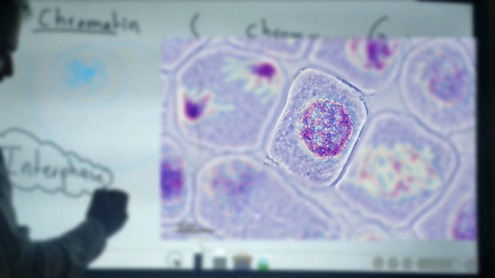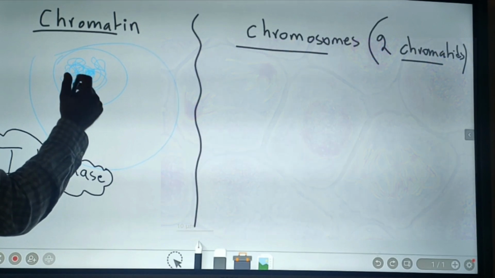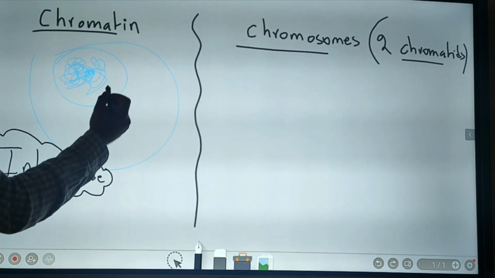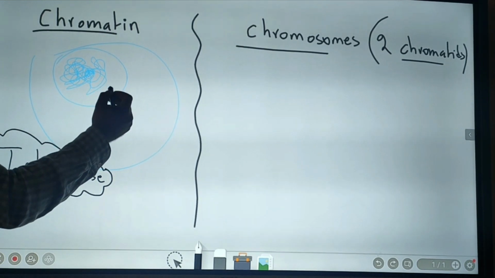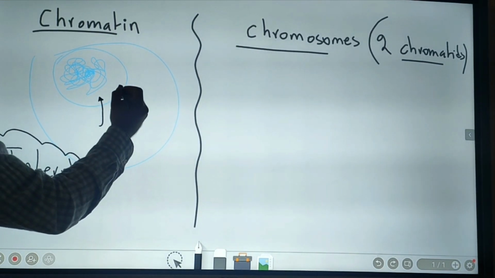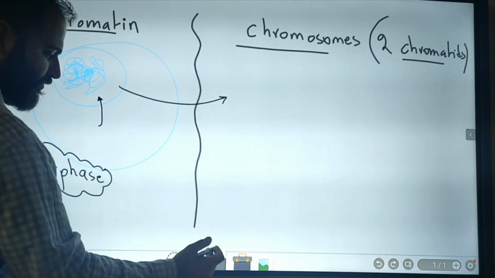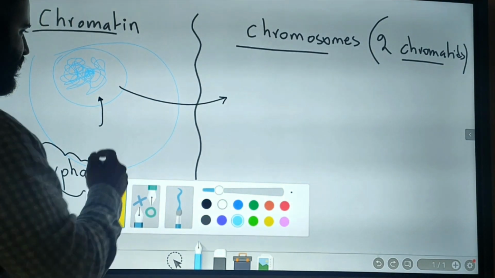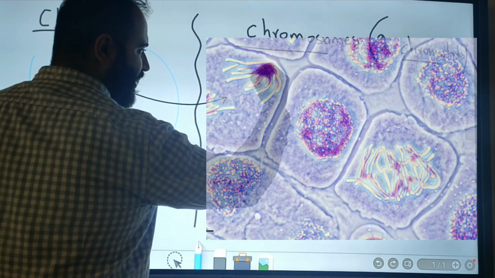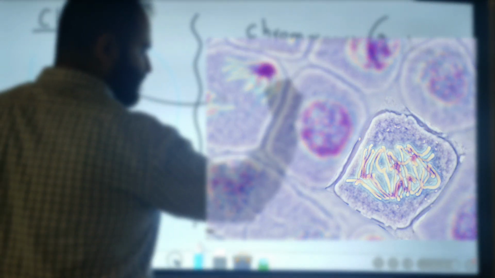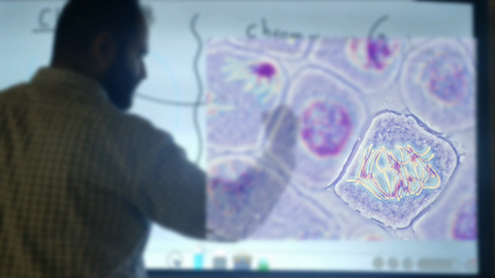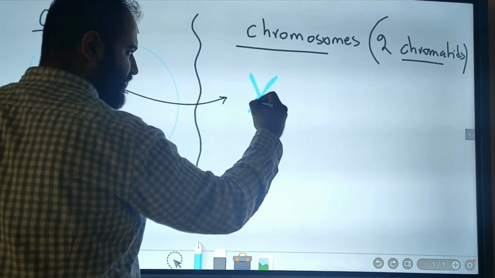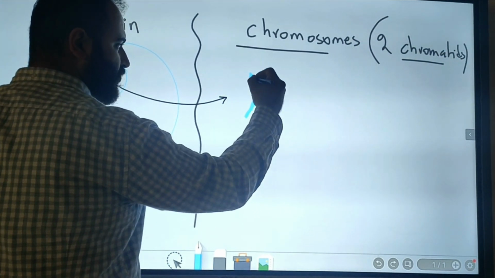Now, when the cells want to divide, having chromatin won't help the cell to divide. As a result, this random distribution of DNA must be organized, and it will be organized to form what we call the chromosomes. So the chromosomes are well organized structures that are made of two strands or two parts.